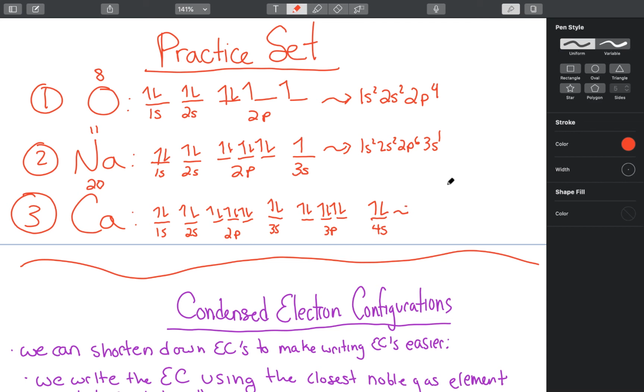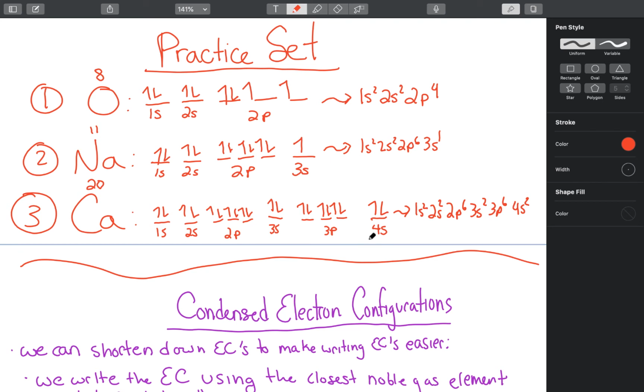So then we can condense this into our electron configuration. So 1s2, 2s2, 2p6, 3s2, 3p6, 4s2. And that is your electron configuration for calcium.